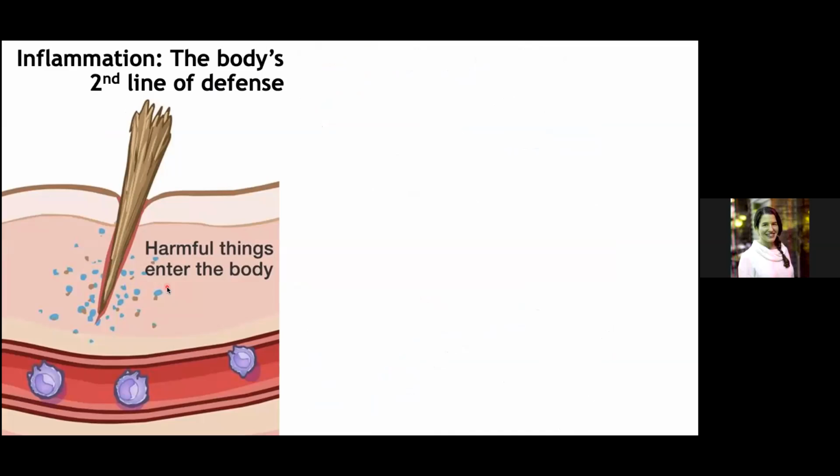So let's start out by taking a look at our body's response to an injury. The body has a two-line defense system against pathogens or germs that can make us sick. Pathogens include anything from bacteria, viruses, toxins, parasites, and fungi. The skin shown in the image right here is the largest organ of our bodies and acts as a barrier between invaders, which are these pathogens, and the body.